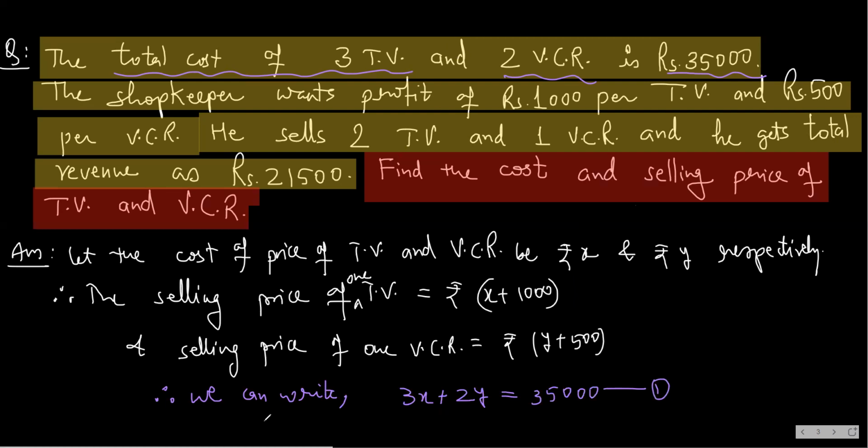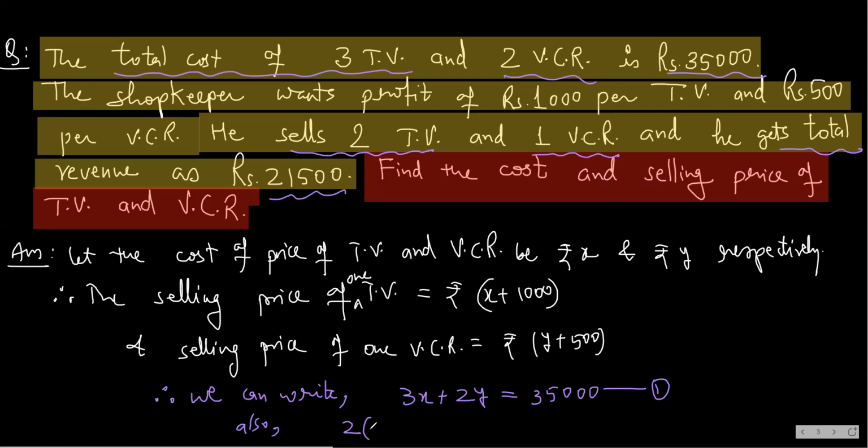Next, they say when the shopkeeper is selling 2 televisions and 1 VCR, he is getting the revenue of 21,500. So the shopkeeper will sell 2 televisions.